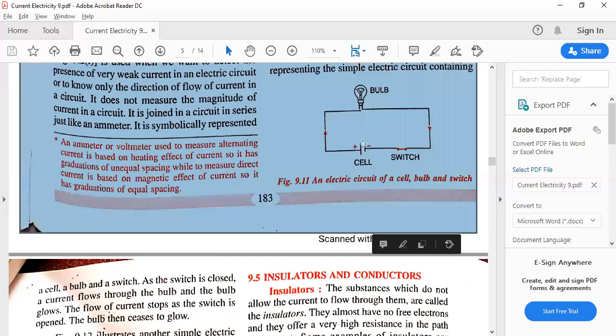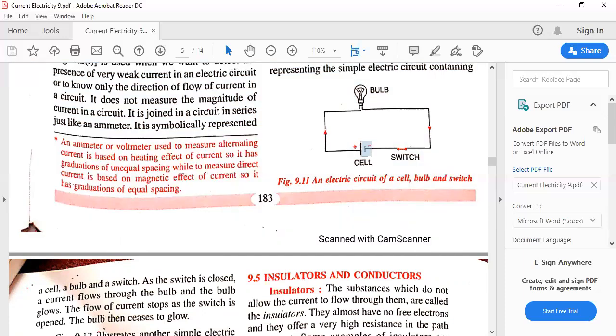And the negative means it is having an excess of electrons. Now if you ask me how does the electron flow, the electron will flow from negative to positive. But in physics, conventionally, we will be assuming, and this is an assumption, not something which is happening practically, that current is flowing from positive to negative.